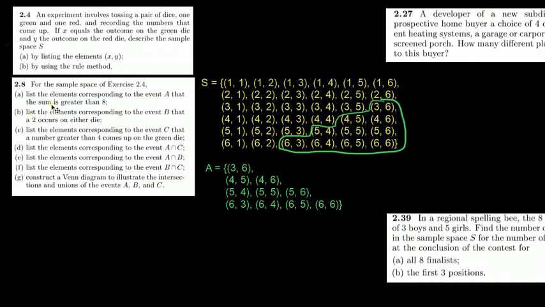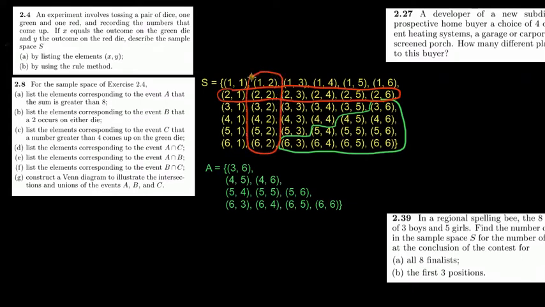So then in part B, list the elements that correspond to event B, that a 2 occurs on either die. Okay? So event B would be a 2 occurring on either die. So the first die is a 2 for this entire row. All right? The second die is a 2 for this entire column.